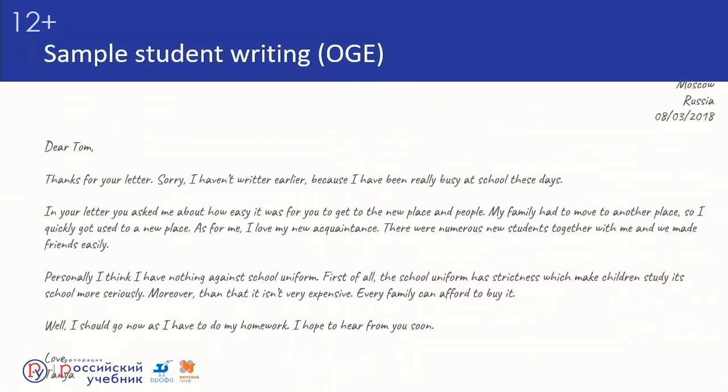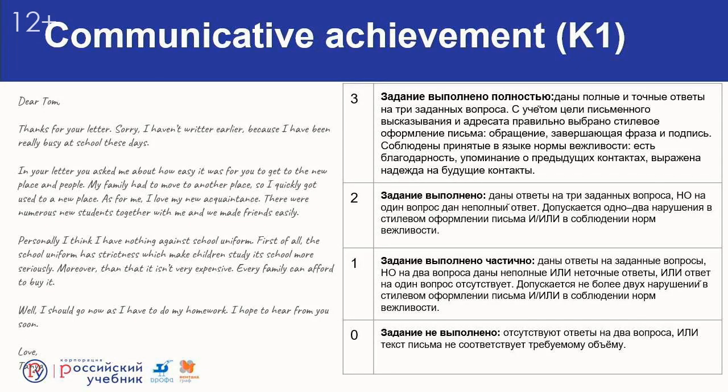Now, if you didn't have enough time to do that, you can pause this video right now and take a little more time to read this text of student writing by yourself, but I think that we can move on. And right now we're going to discuss the communicative achievement of this piece of writing, of this informal letter.